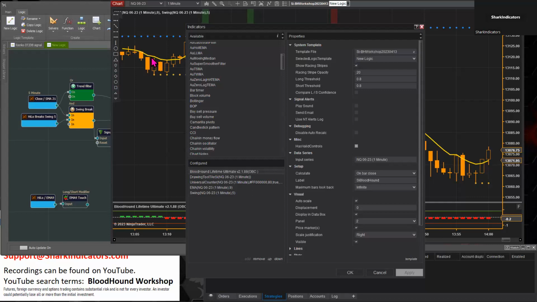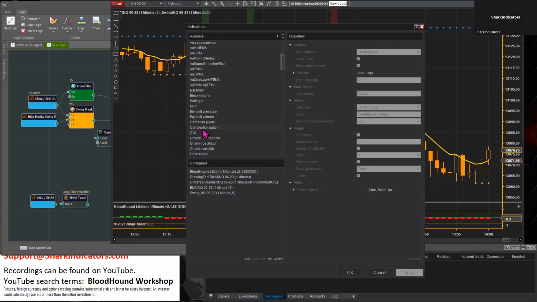That's a very simple bar pattern, but to find really complex bar patterns you need a dedicated indicator to do that. The indicator can code in all the variations that can happen, and a candlestick pattern indicator also comes with a trend strength, which is something you can't do with BloodHound.